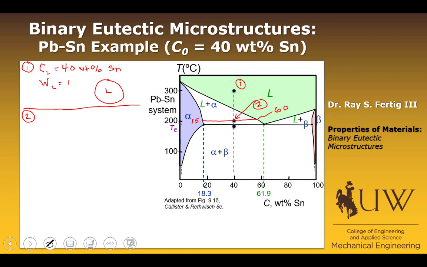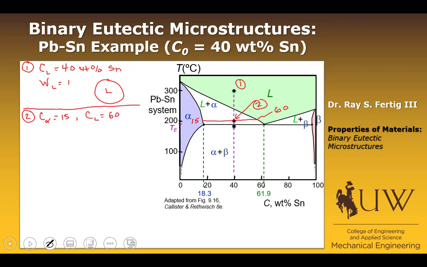And if those are our compositions, we could write that the composition of alpha is 15 weight percent tin. I'm not going to write the units, but that's what the units are. And here the composition of the liquid is going to be 60 weight percent tin.